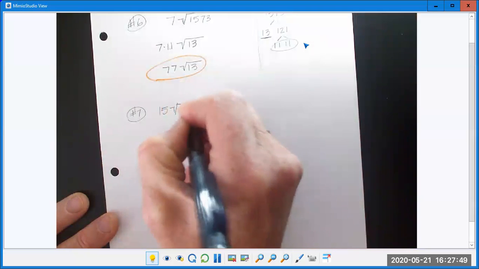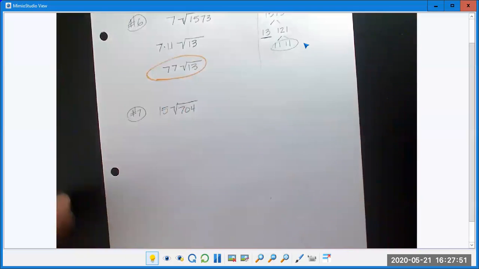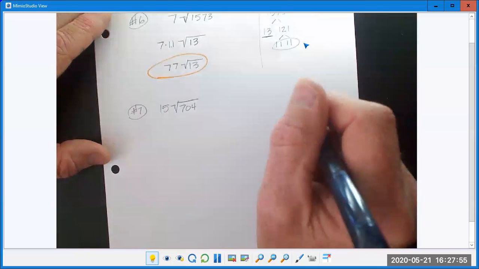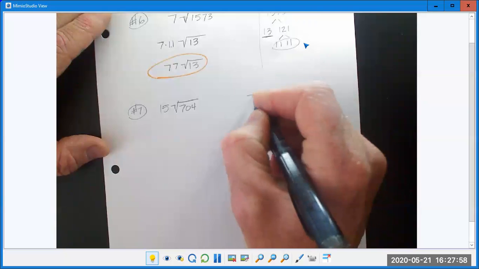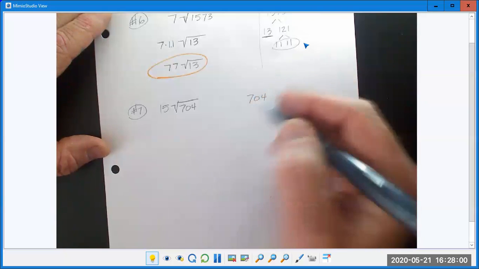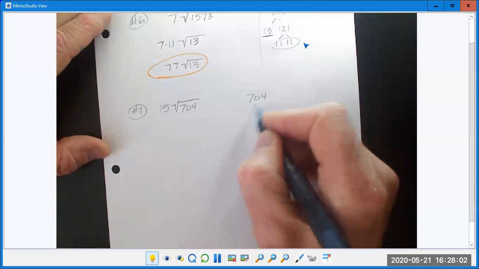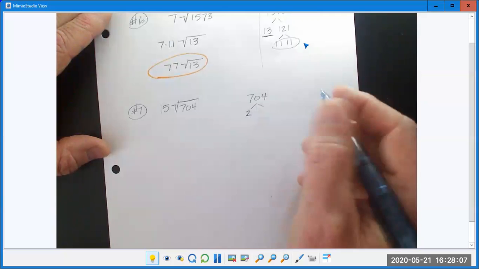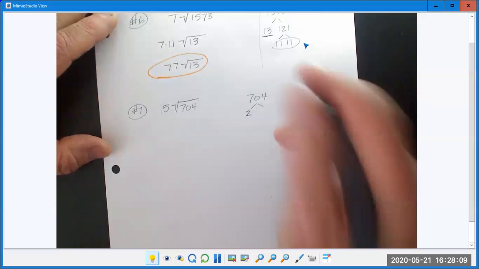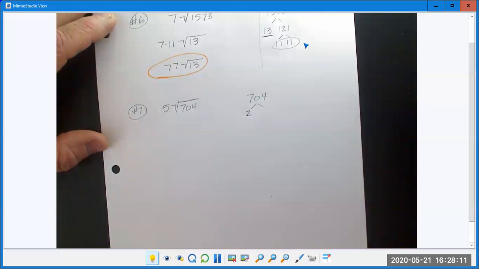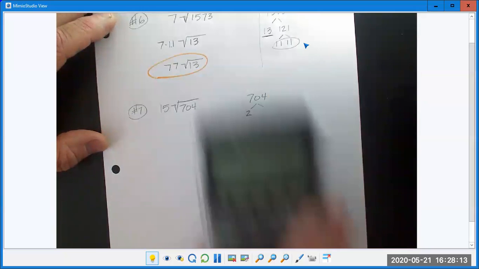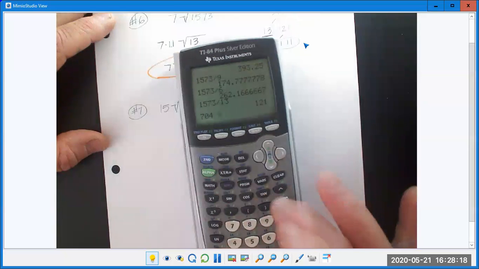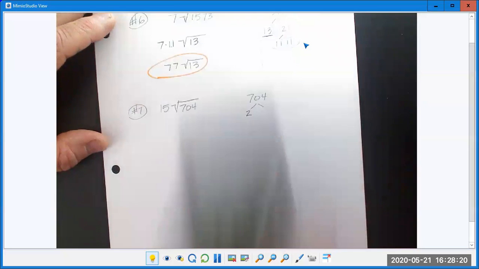Number 7. We have 15 radical 704. Well, I know how I'm going to approach this. I would start out, because it's an even number, it's going to have the factor 2, so it can be divided by 2. So 704 divided by 2 is 352.